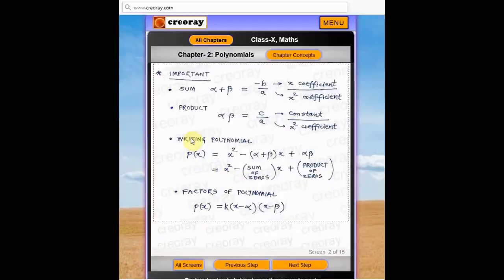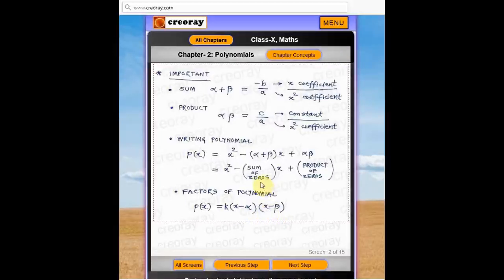Now this important thing also translates into factors of the polynomial. So p of x can be written as some number k, which can be 2, 3, 4, times x minus alpha times x minus beta.